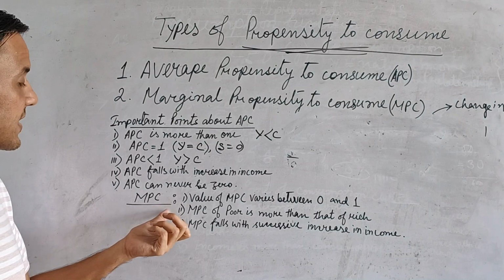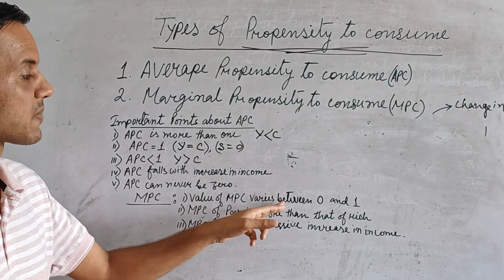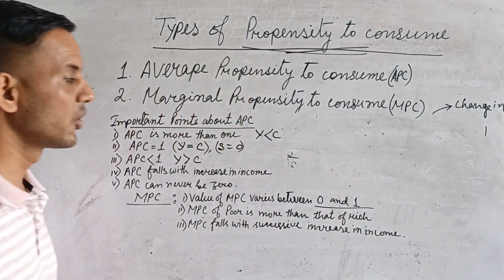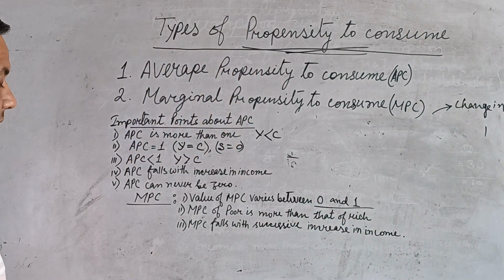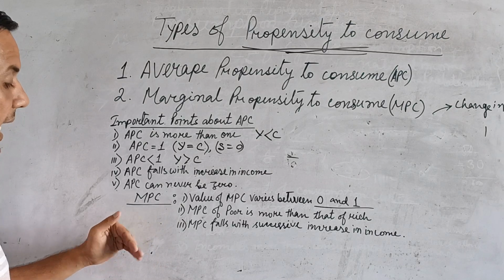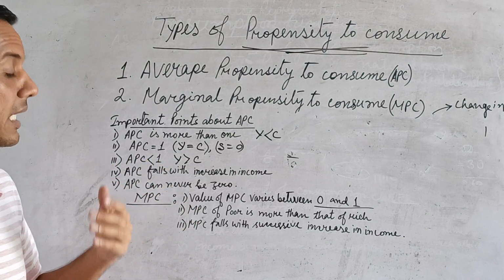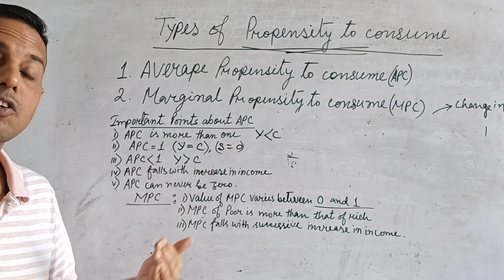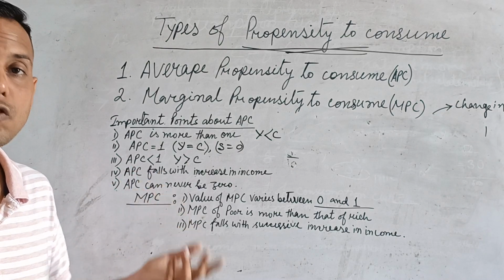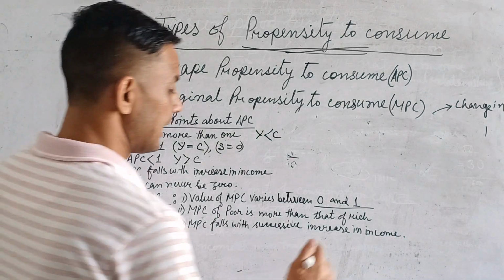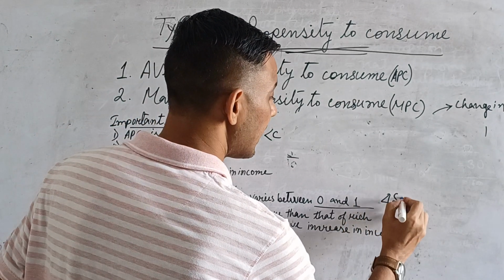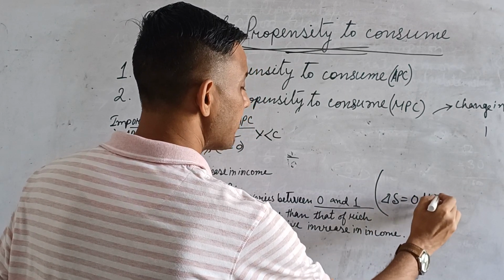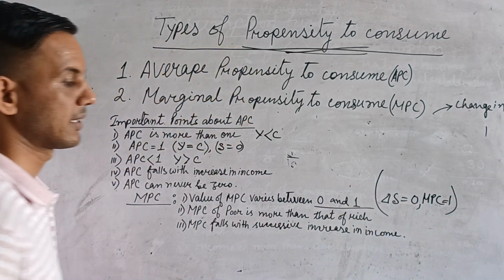Regarding the MPC, the value of MPC varies between 0 and 1. Very important. So it means when the entire additional income is consumed, then delta S is equal to 0 and MPC is equal to 1.